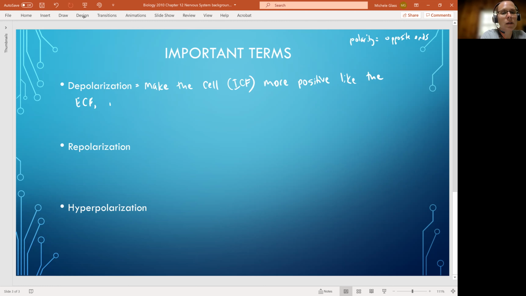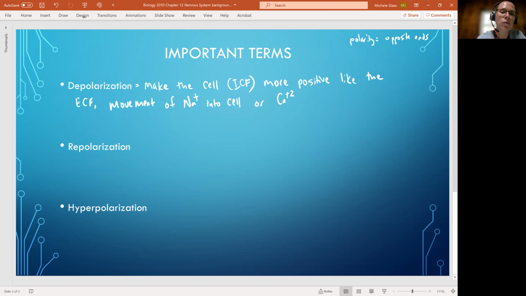And so this is happening because you have movement of sodium into the cell. Sometimes it's calcium ion. So in the case of depolarization, you have this positively charged ion moving into the cell, making the inside look more like the outside. So we call that depolarization.